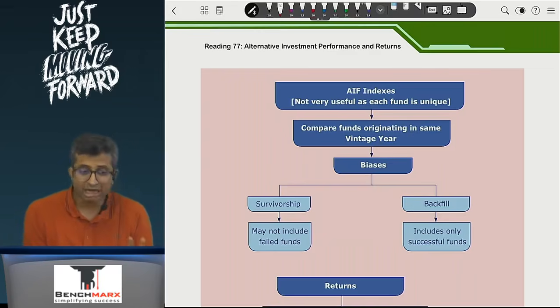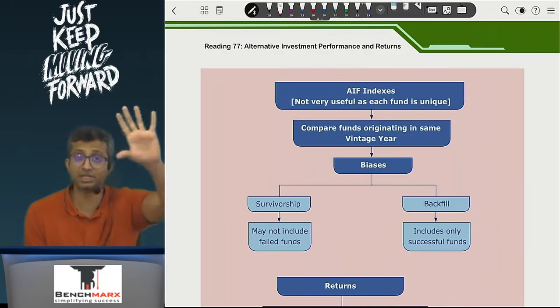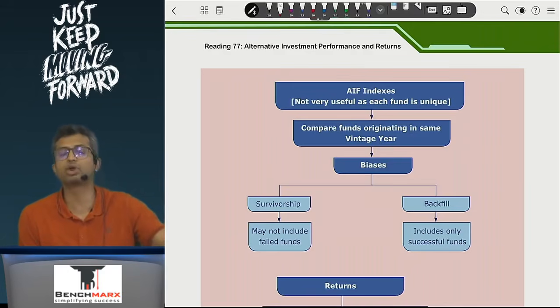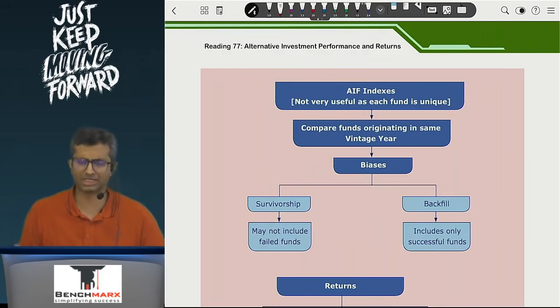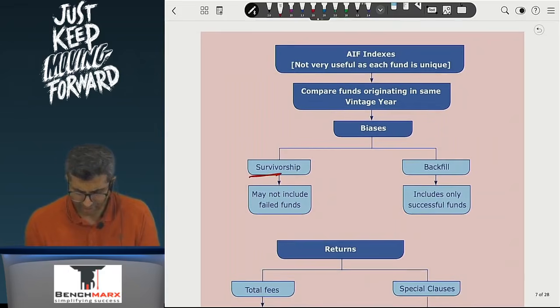Selection bias would be that you'll select a good company, like in the Nifty 50 in India, you have 50 top companies across sectors, but in those sectors you select the best companies. There are also companies which are bleeding in that sector, so there's a selection bias. And once you select it, you'll also have to restate the past data of the index based on this constituent, in which case there will be a backfill bias. So over here there can be a survivorship bias in this index, and there will also be a backfill bias to include only successful funds.